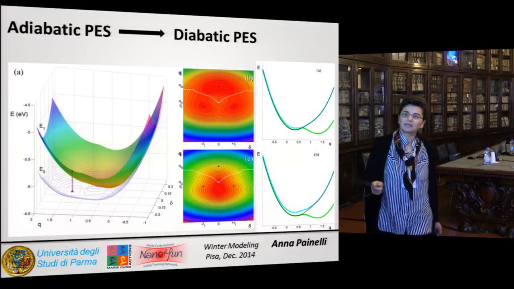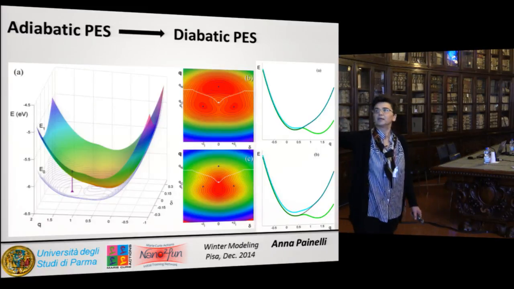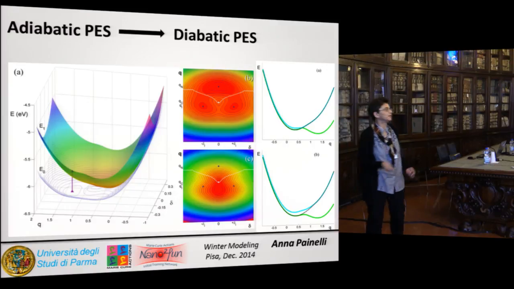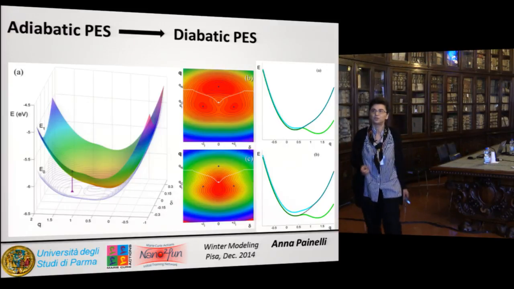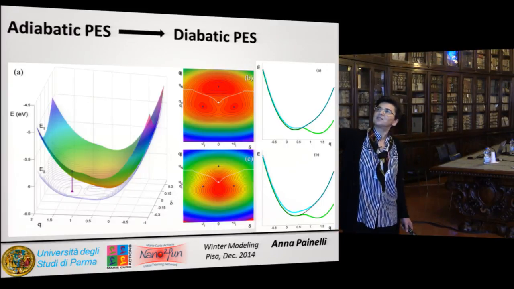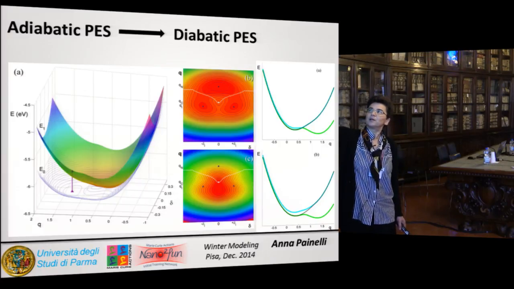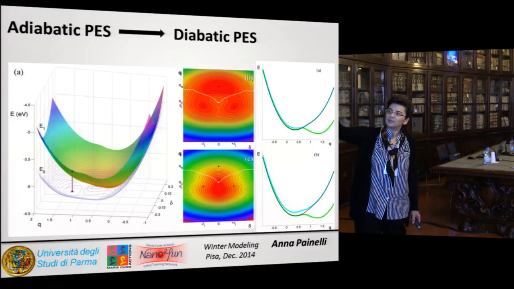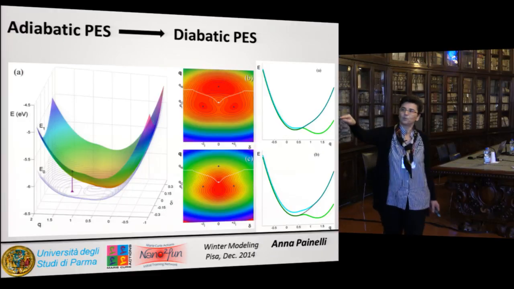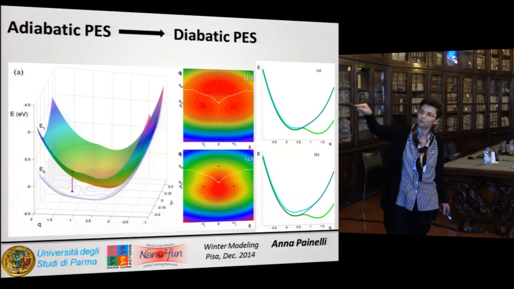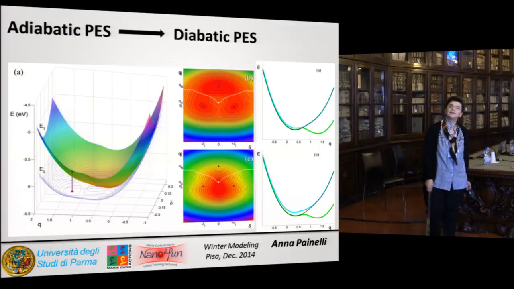So we calculate this adiabatic potential energy surface, and now the point is to construct the relevant diabatic potential energy surfaces. It is a very simple thing here where you have a crossing. It is a little bit more tricky there, where of course what we do is sort of smoothing down, but trust me, we can do that.